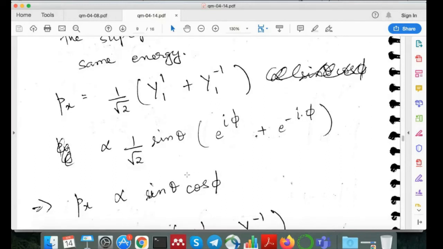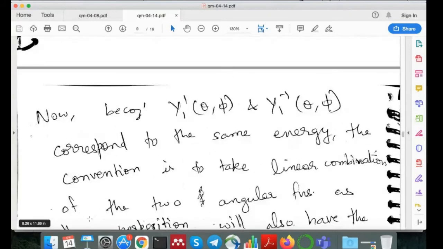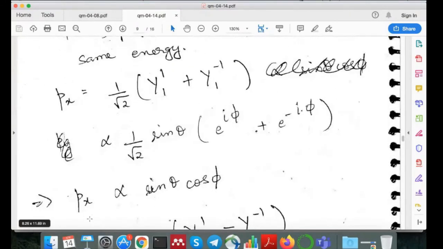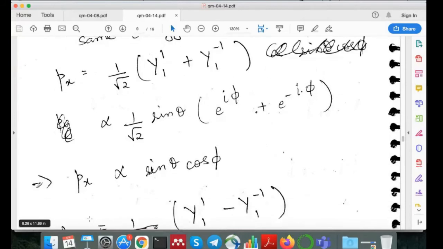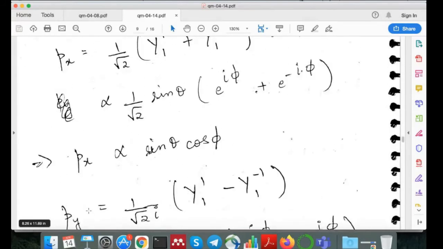Sine theta cos phi is part of x. If you convert this into Cartesian coordinates, you will see that this turns out to be x. So essentially this is your px orbital. That's why we denote it as px orbital: if you convert it back to Cartesian coordinates, you basically get x. r sine theta cos phi is x, and r is already there in the radial part. So if you take the full wave function, you will basically get px.